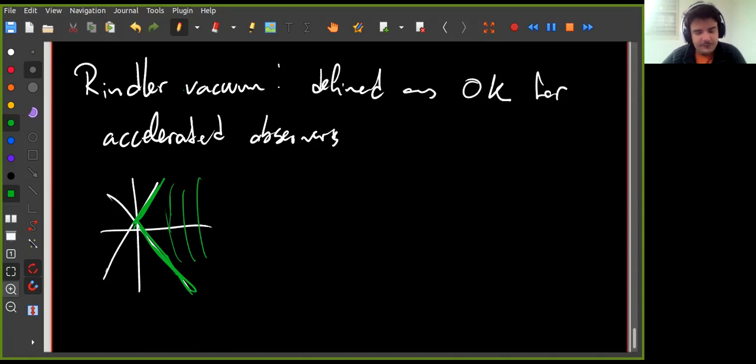So in Minkowski spacetime, we can say that the Minkowski vacuum is sort of unique because it is the only Poincare invariant state, and it is the state that minimizes the Hamiltonian for an inertial observer. So in some sense, it has a taste of uniqueness in Minkowski spacetime, but in other spacetimes we have more than one option of vacuum.